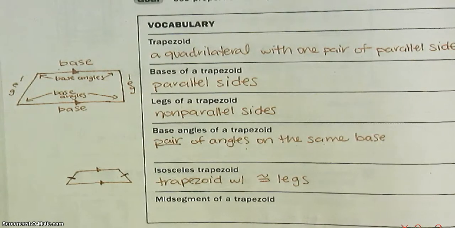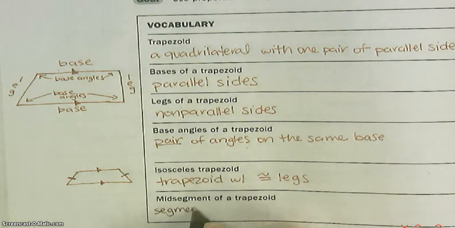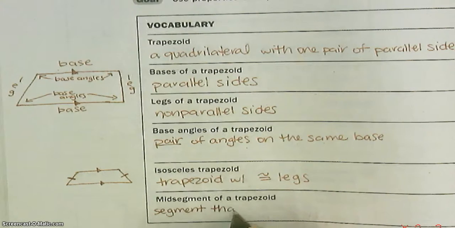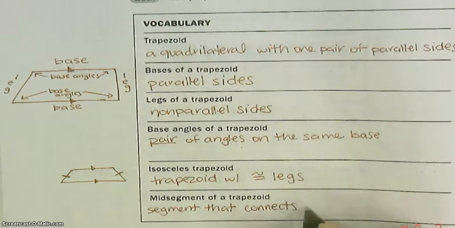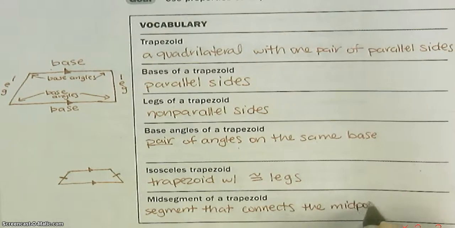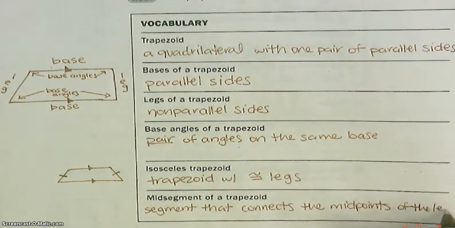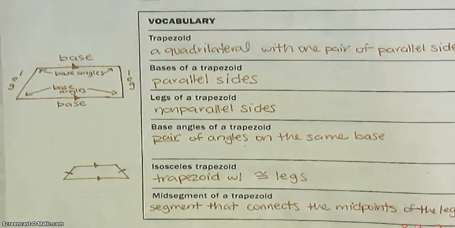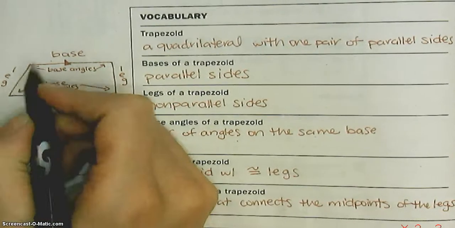And the mid-segment of a trapezoid is a segment that connects the midpoints of the legs. All right, so on our picture, we've got to find the middle of this leg.